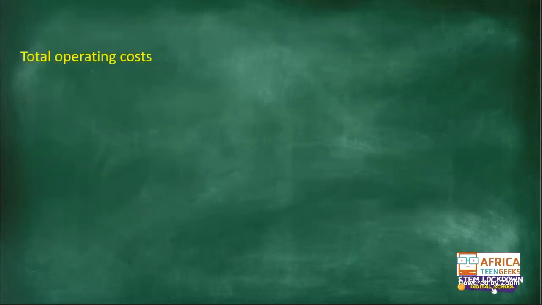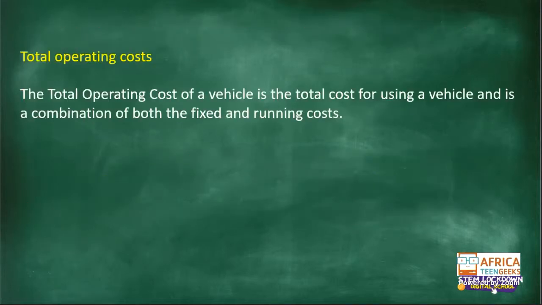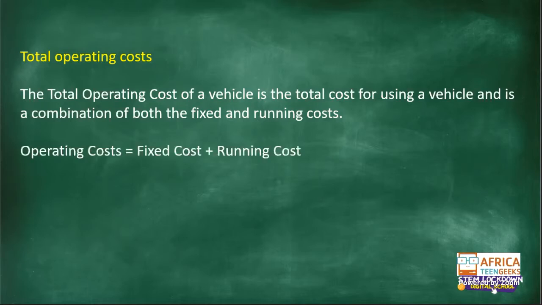Now we are going to look at the fixed costs, but we know that once you add the fixed costs together with the running costs, you have what is known as the total operating costs. And of course, we define the total operating costs as the sum of the fixed cost and the running cost.